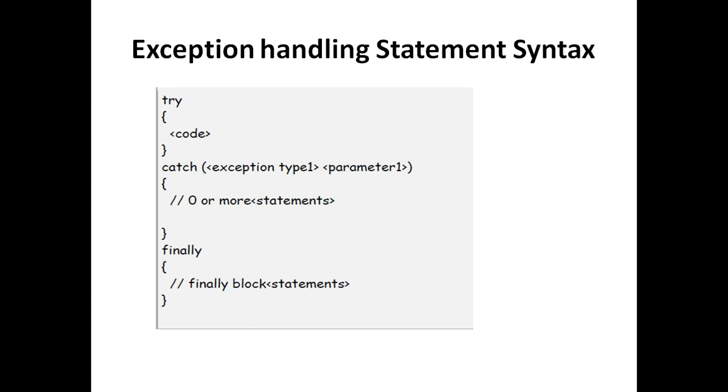Catch takes one parameter of type exception. Here we need to handle the exception by displaying some error message. Then finally is also a block. Whether your program gives you a runtime error or not, the statements included in a finally block are going to be executed.